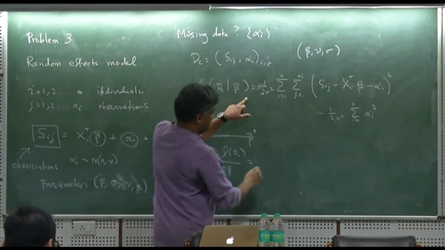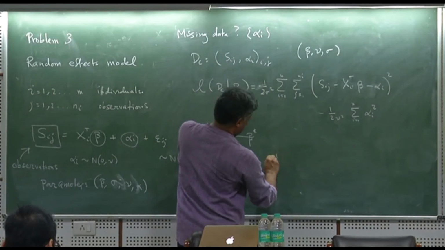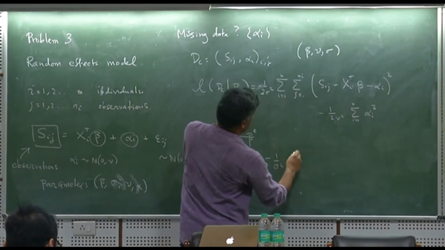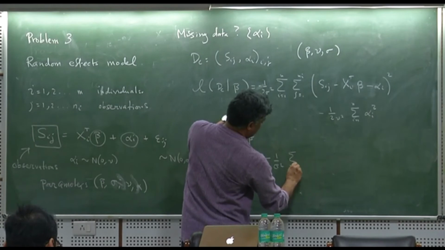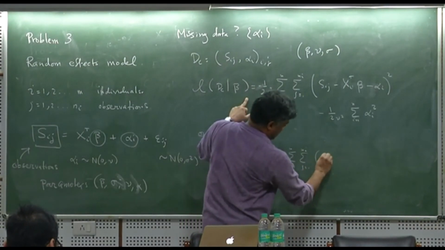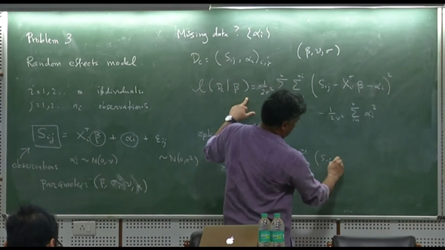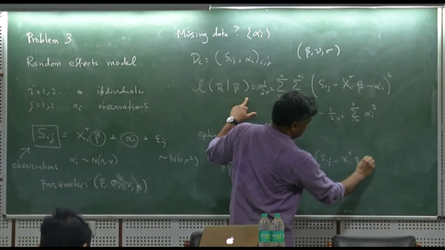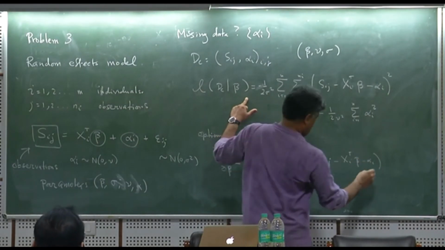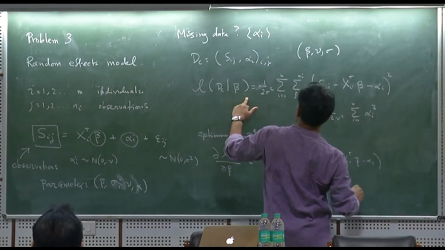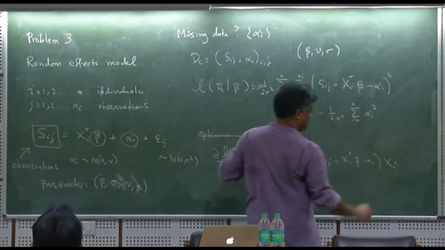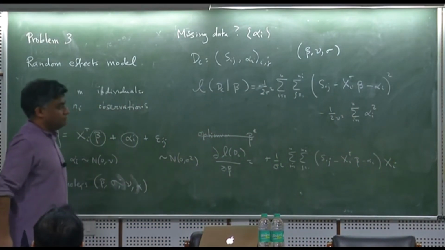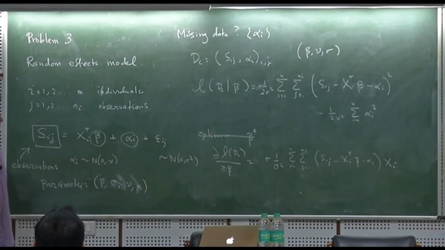From here I'll get minus 1 over sigma squared, summation over i going from 1 through n, summation of j going from 1 through n_i, of S_ij minus x_i transpose beta minus alpha_i, and the minus sign gets cancelled with that minus sign, times x_i.